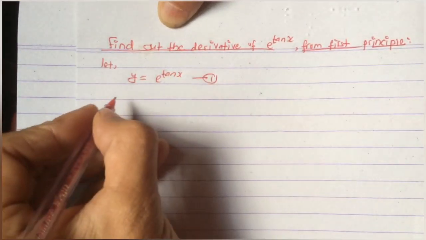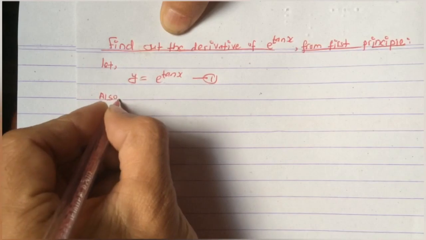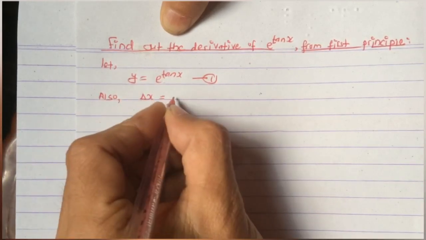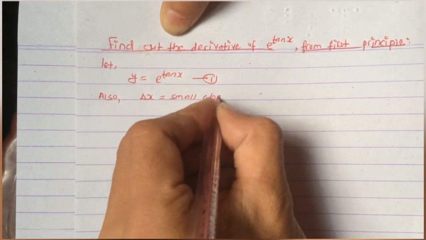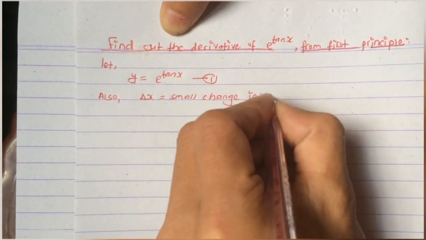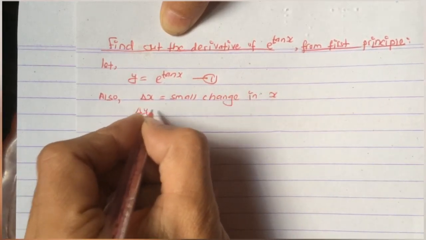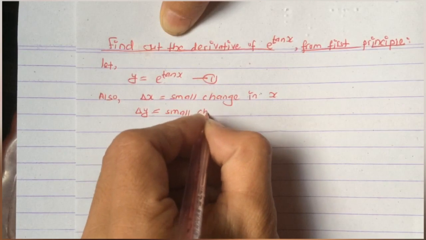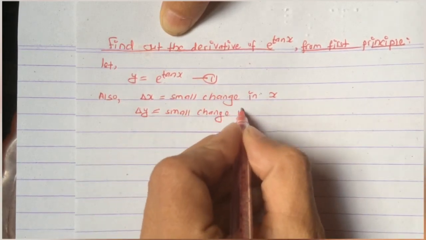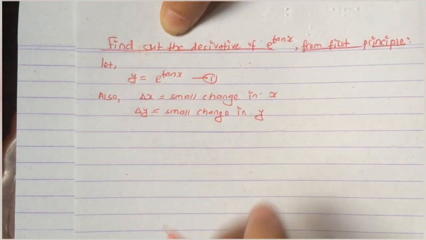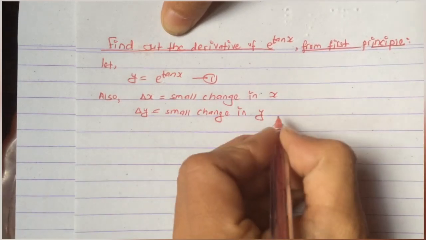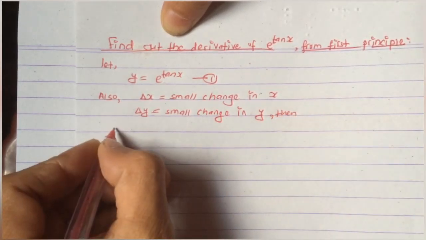Let this be equation 1, and also suppose del x is a small change in the value of x, or you can say a small increment in x, and del y is a small change in the value of y. Del y occurs due to the change in the value of x, that is del x.